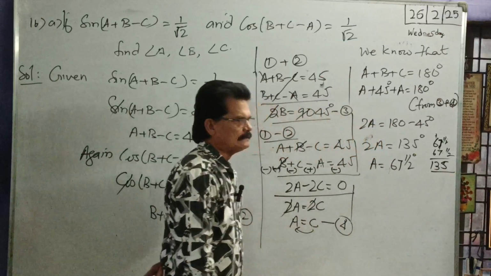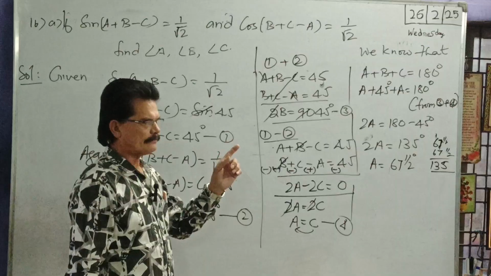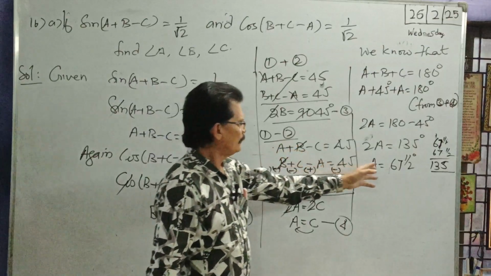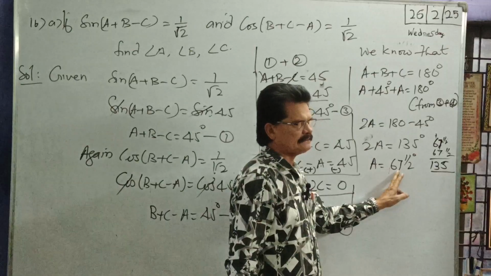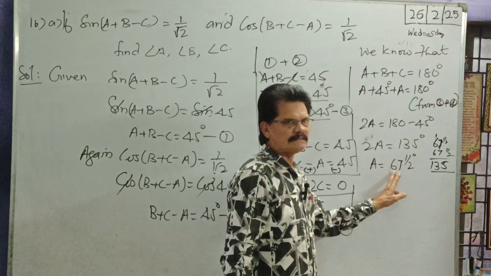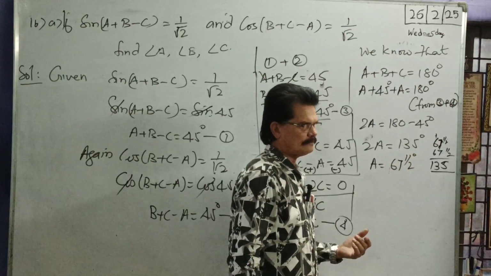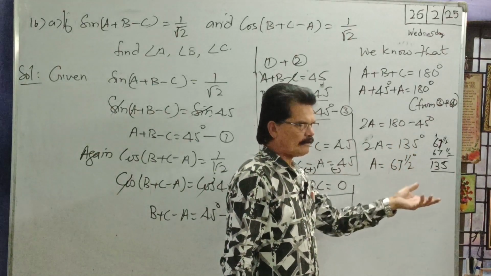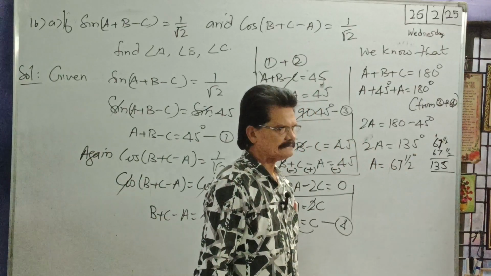So A is 67 and a half degrees. Did you understand how I got this half? Half plus half is 1. 67 plus 67 is 134, plus 1 is 135. You will get it in decimals: point 5 can be written as half.